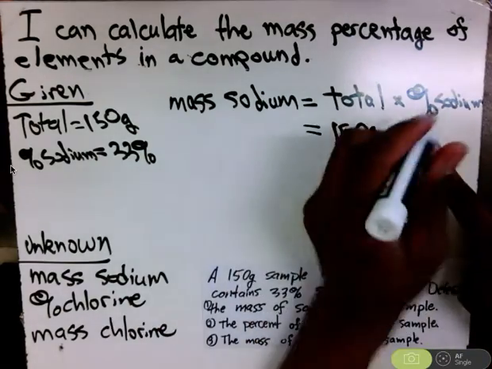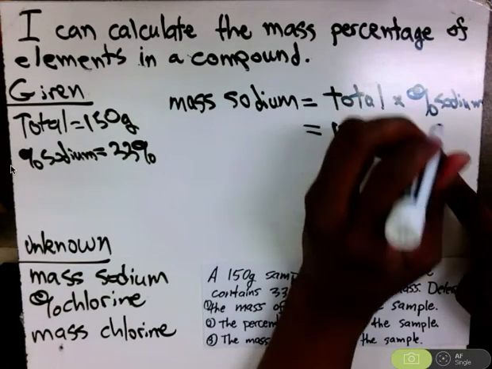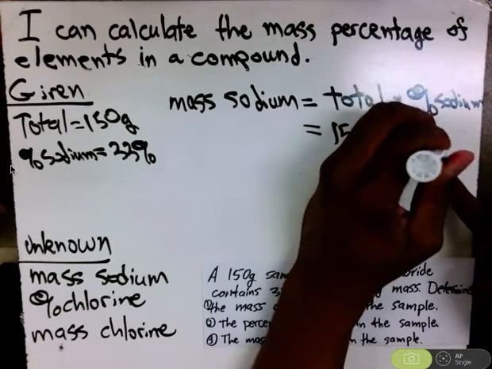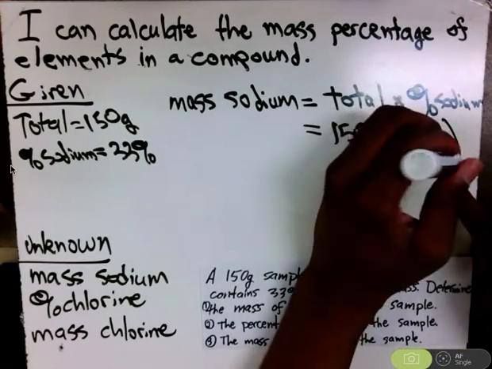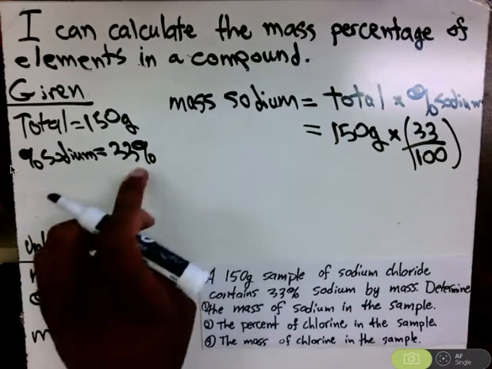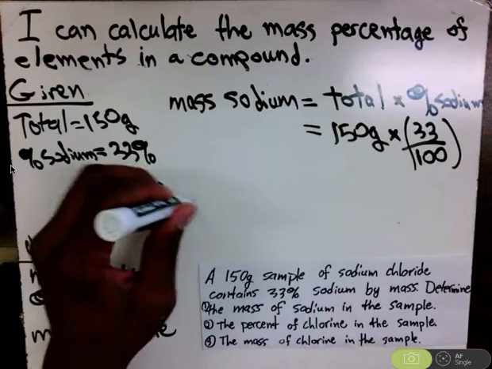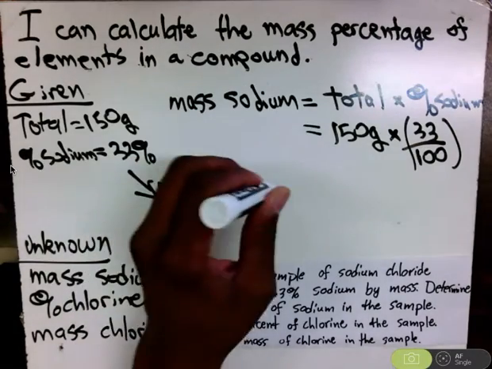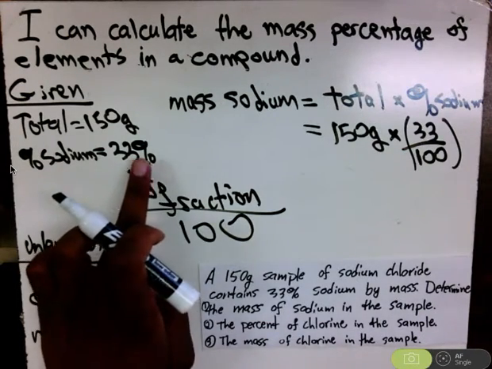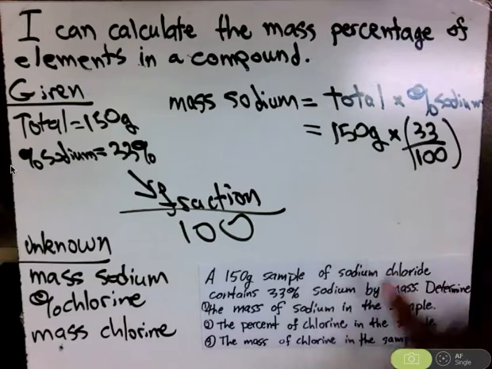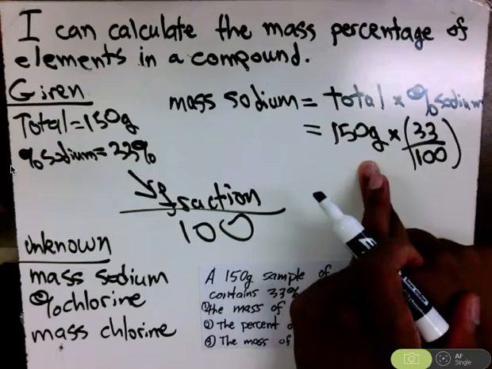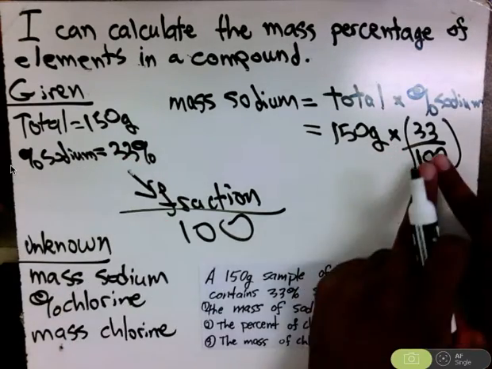I'm going to multiply it by 33 divided by 100. 33 over 100 is the same as 33% because a percent is nothing but a fraction over 100. So when I multiply the total by the percent sodium, I'm multiplying 150 grams times 33 over 100.